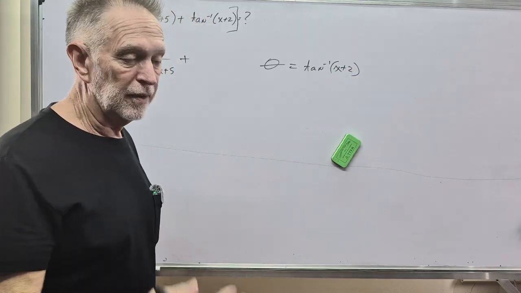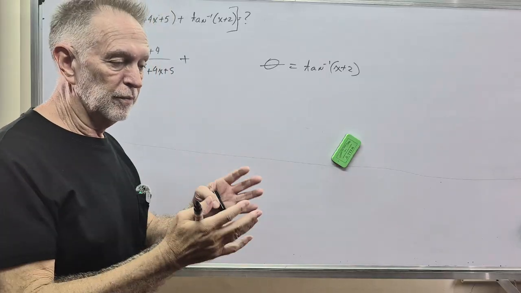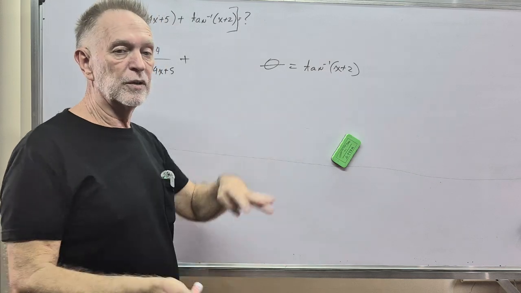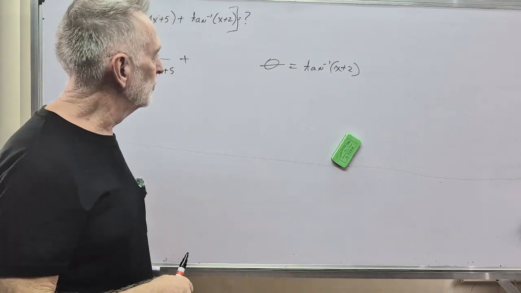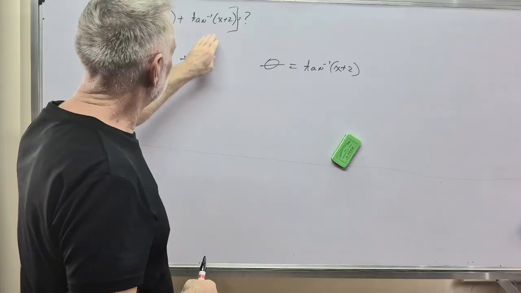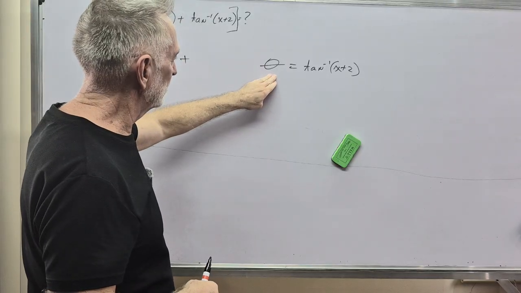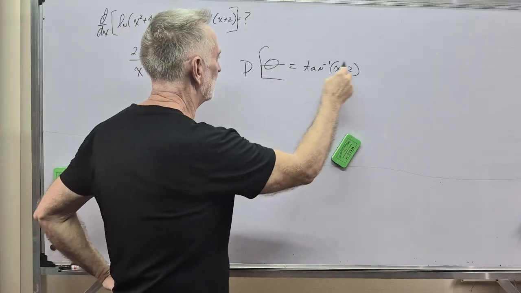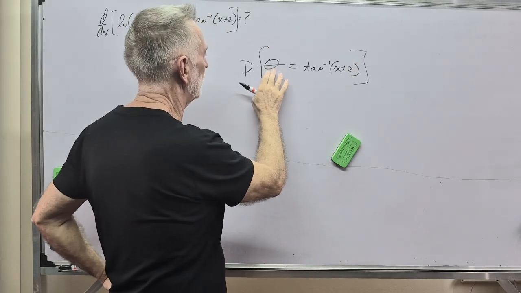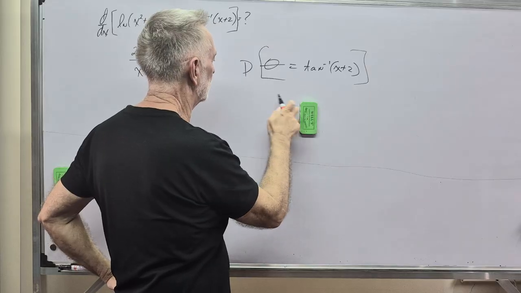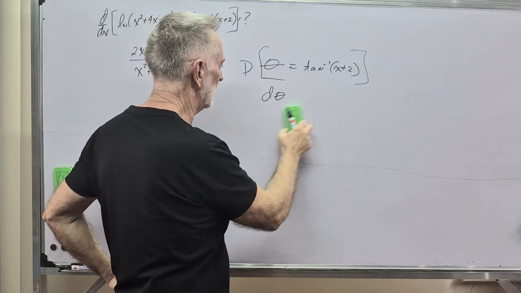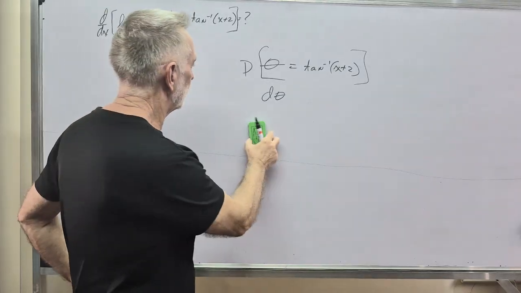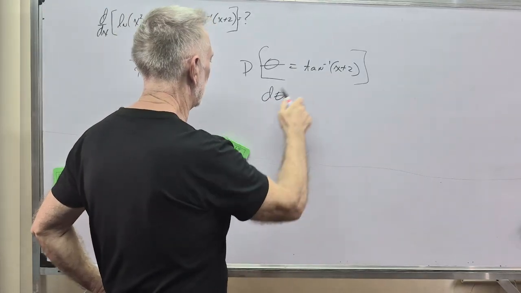We can take sine inverse, cosine inverse, and when we do that, we take some values and we translate that into an angle. Well, in our case, we're trying to take the derivative of that. So I'm trying to take the derivative of both sides of this, or the derivative of theta, which would give me what? d theta. So I need to do something to come up with a d theta.